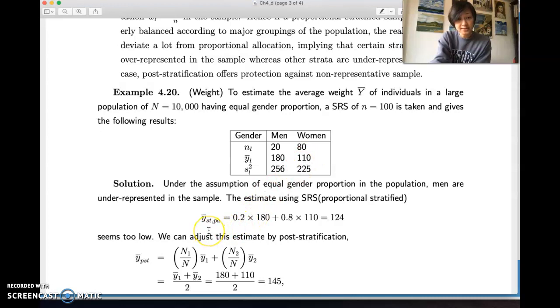This is not proportional to the actual gender proportion in the population. But if we calculate the Y-bar stratification method using proportional allocations, we might come up with 124 as our estimate. So this would be inaccurate because men are heavily underrepresented in this sample.